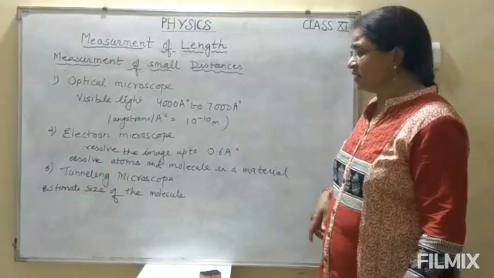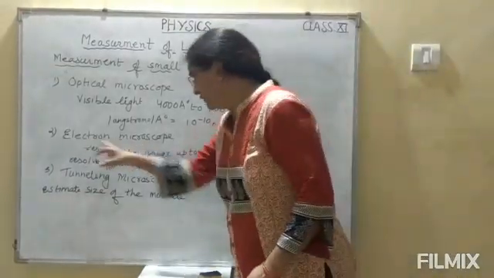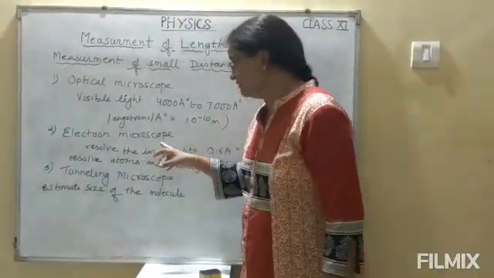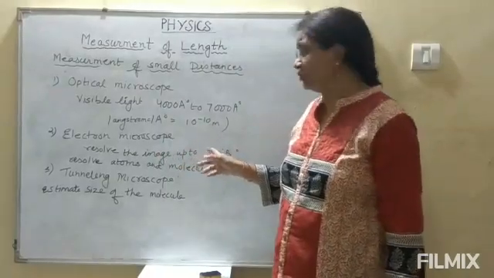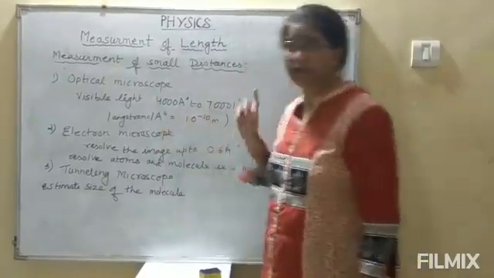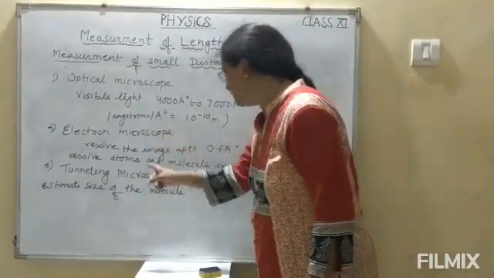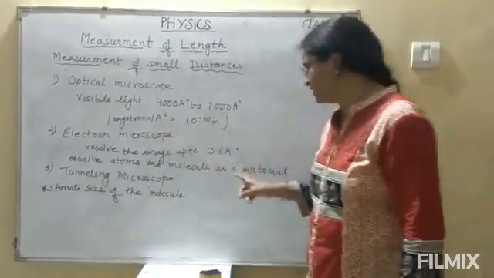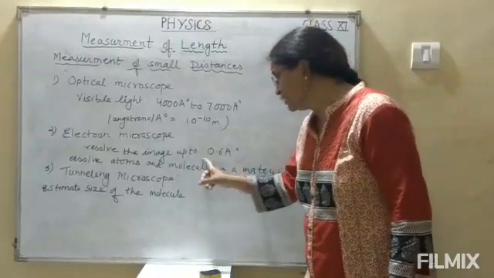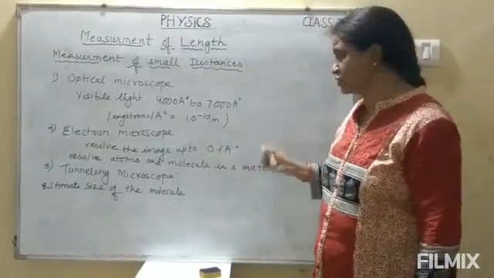The second one is the electron microscope. It is better than the optical microscope because the wavelength of an electron is smaller than 1 angstrom, up to 0.6 angstrom.